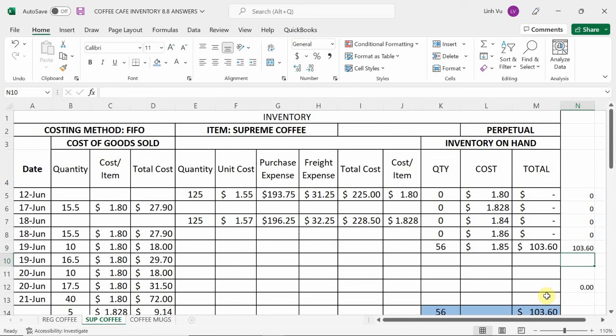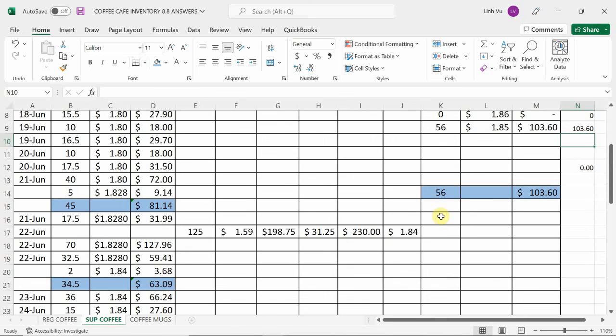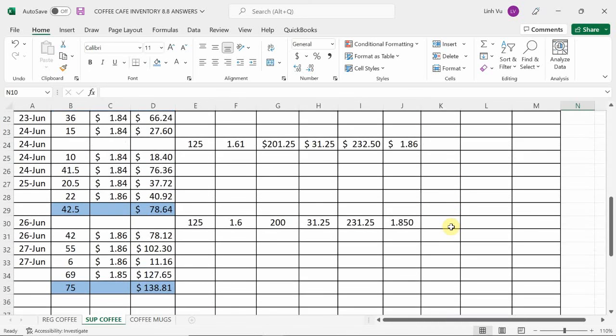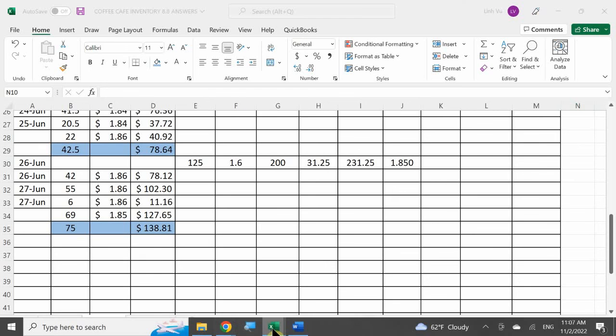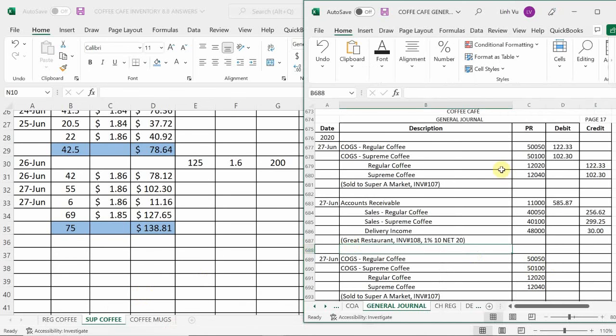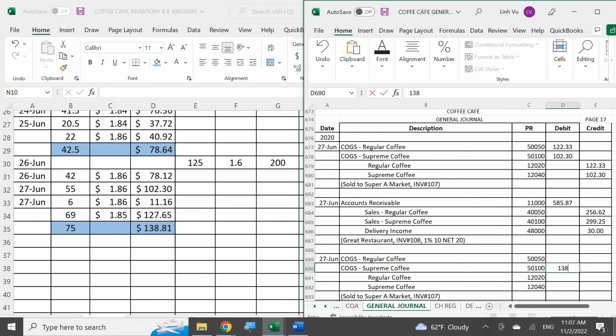Perfect. 103.60 is exactly what we have. So here we sold $138.81 of the Supreme Coffee. Let me update that real quick. 138.81 for the Supreme Coffee.